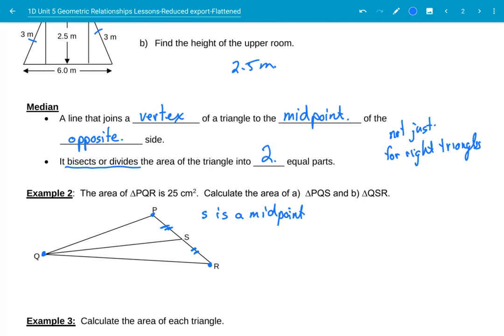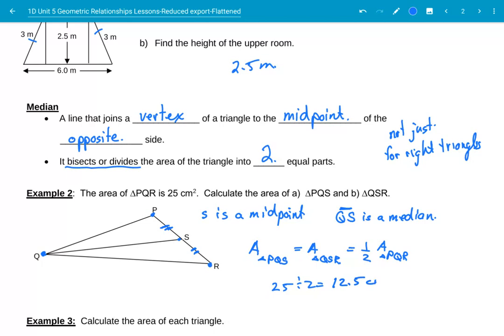And because Q is joined to S by that line, Q to S, in line segments, we do the letters with the line over there, is a median. So area of triangle PQS will be equal to the area of triangle QSR. I'm using subscripts to say which area, and that will be half the area of the original triangle PQR. So 25 divided by 2, 12.5 centimeters squared.